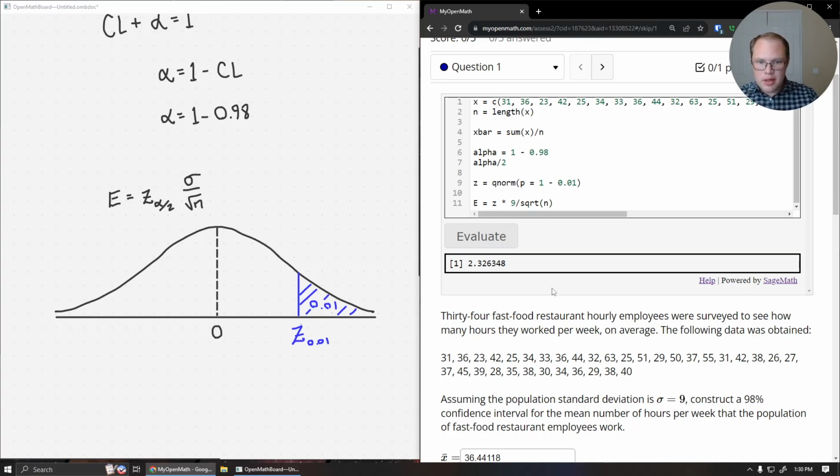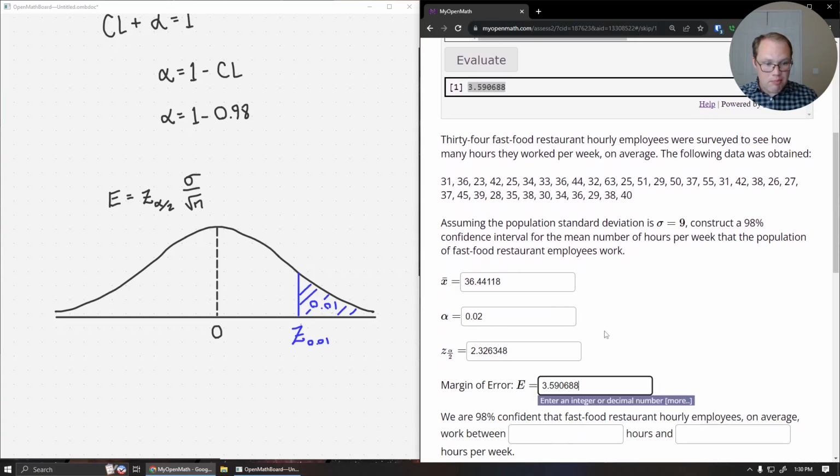All I'm doing here is using this formula: plugging in the z value, using the variable, plugging in my standard deviation, which we're told in the problem, and dividing by square root of the sample size, where n in this case is 34. So that's going to give me my margin of error. My margin of error is 3.590688.